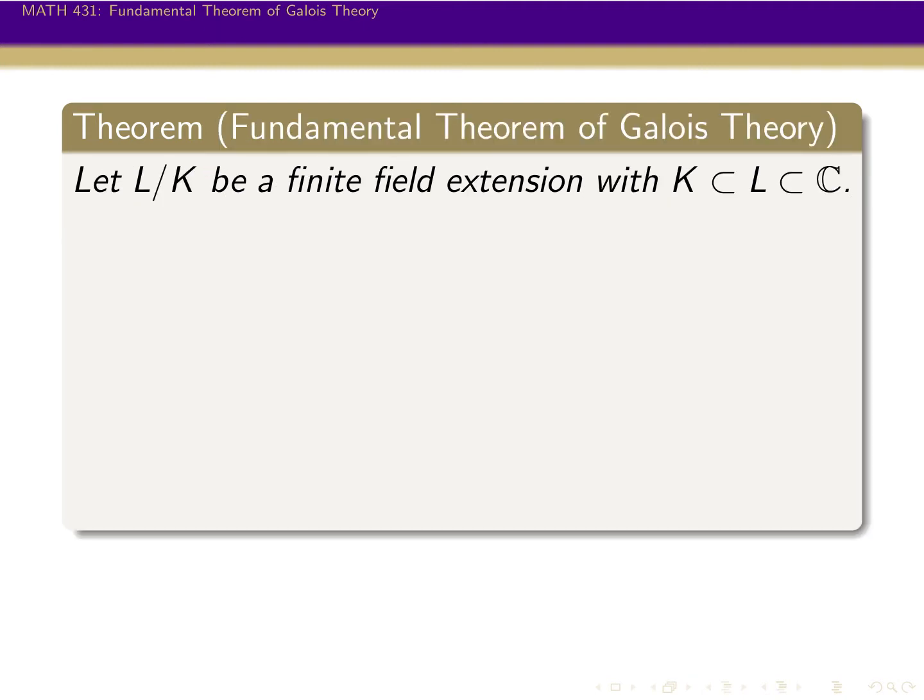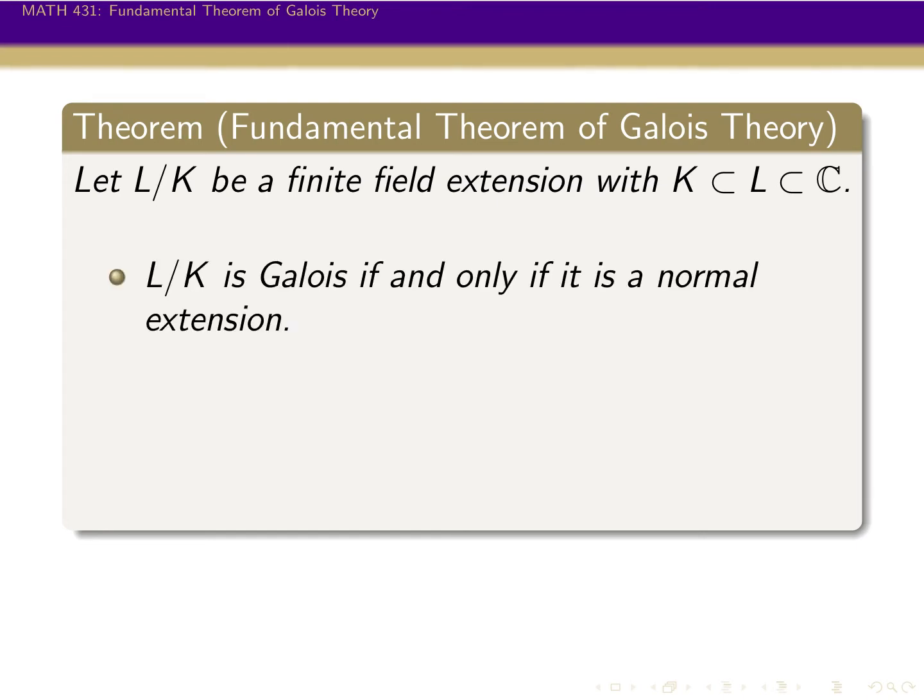Okay, now we can get to the big guy, the fundamental theorem of Galois theory. So we're going to have L over K be a finite field extension where K and L are both subfields of the complex numbers. So first of all, L over K is Galois if and only if it is a normal extension.